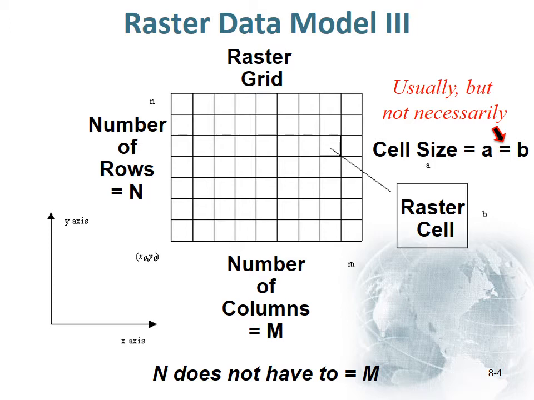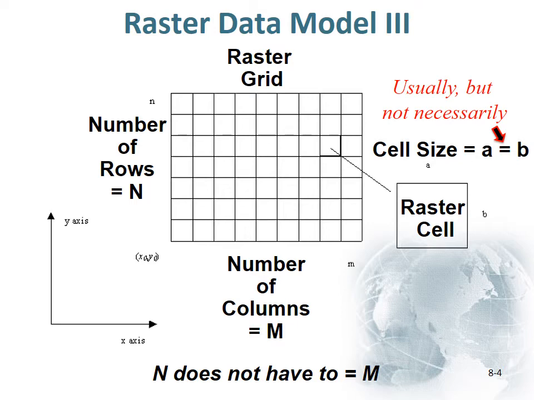So, as the slide indicates, cell size usually is equal to A, is equal to B, equal to C, equal to D. Any of the sides of a raster are usually the same length. This is not necessarily the case. Some rasters are made out of rectangles, and some other types of modeling might use different geometric figures or features, different geometric types. But rasters that we use in this class fundamentally are going to be the square type.